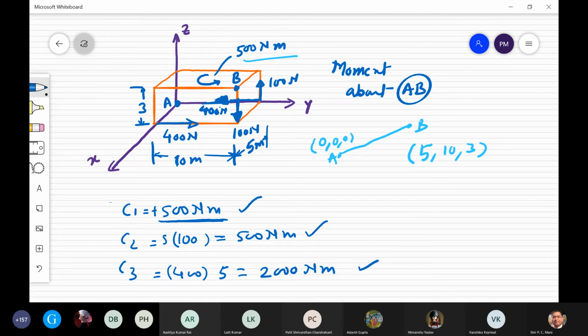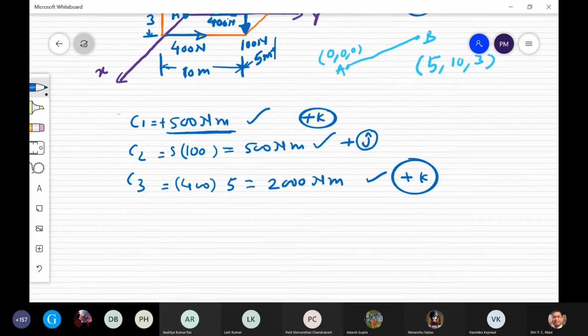And this C2 is 100 into 5, that is 500 Newton meter, and it is anti-clockwise and about the Y direction, this is J. This is positive K, this one is positive J, and this one is again K direction, again a positive value. Okay, clear?